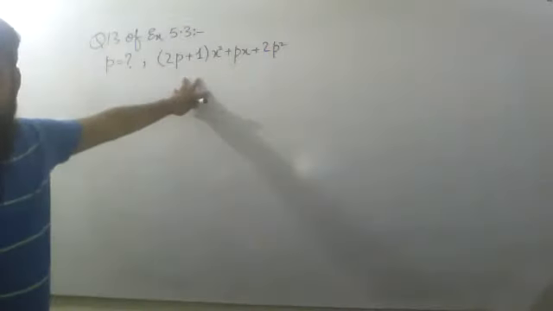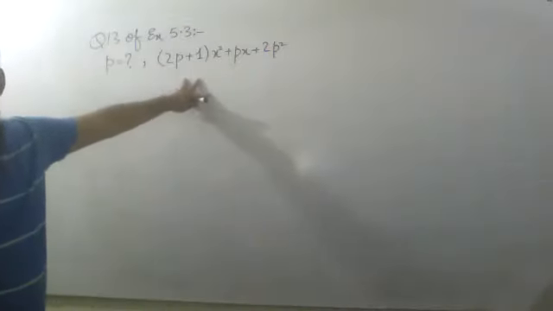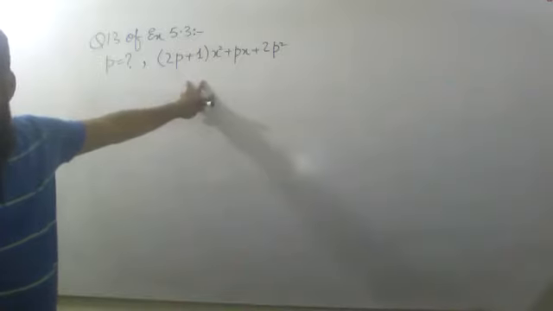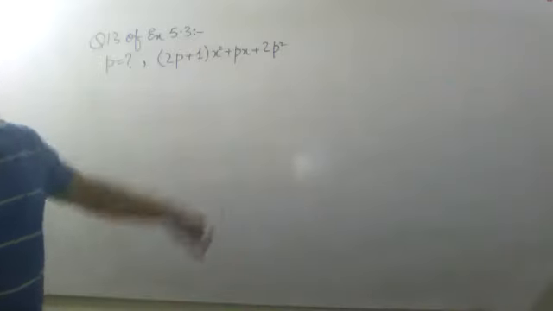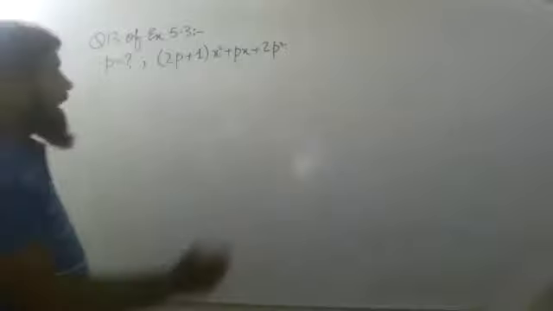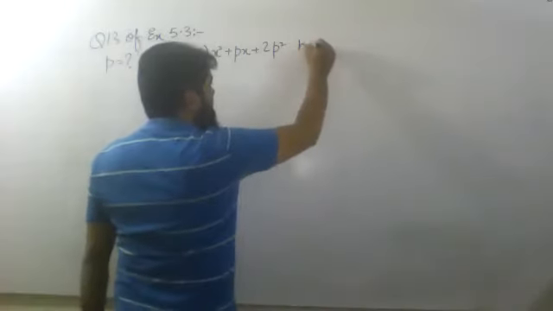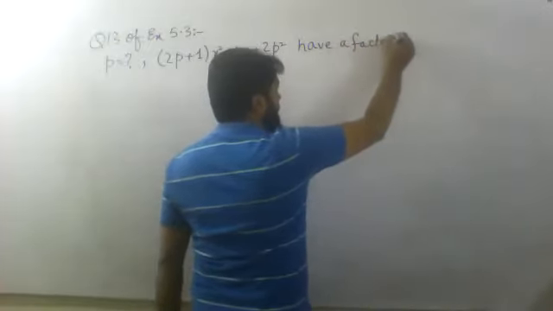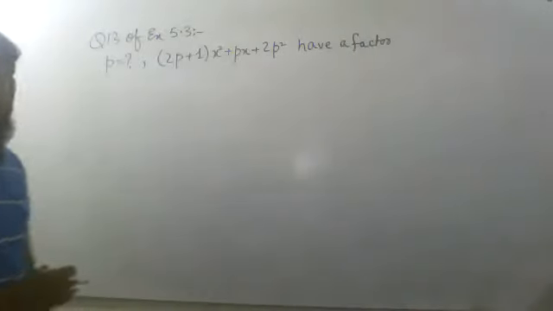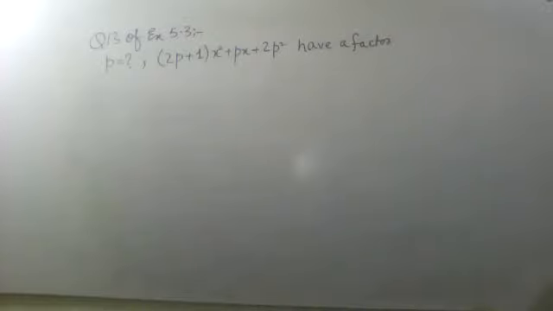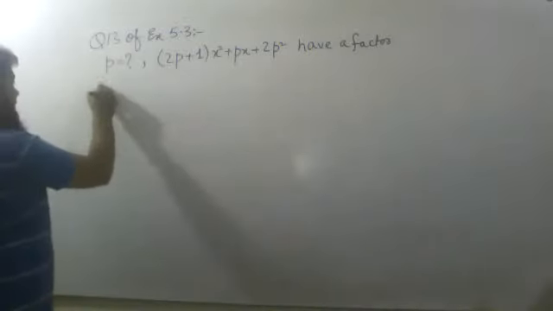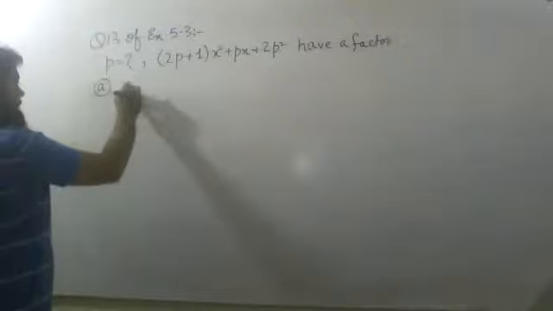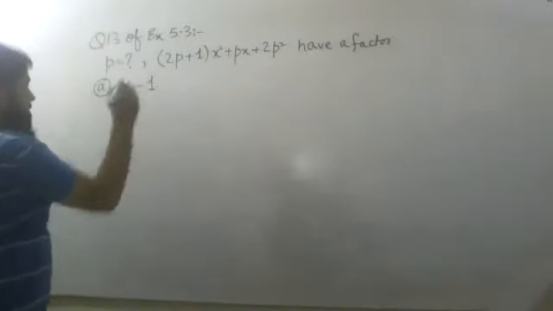This is the expression given to me. Bracket 2p plus 1 bracket close x squared plus px plus 2p squared have a factor. Okay. What is the factor? Now they are saying part 1 have a factor x minus 1.